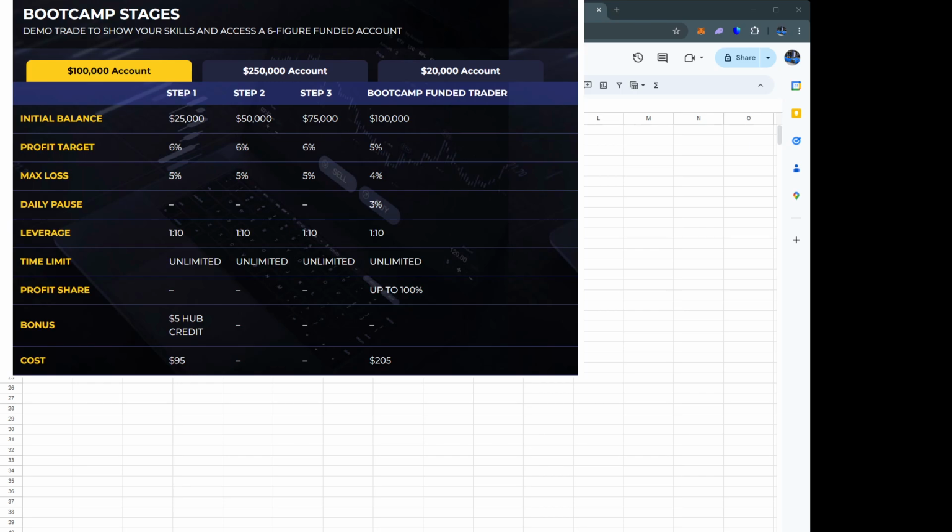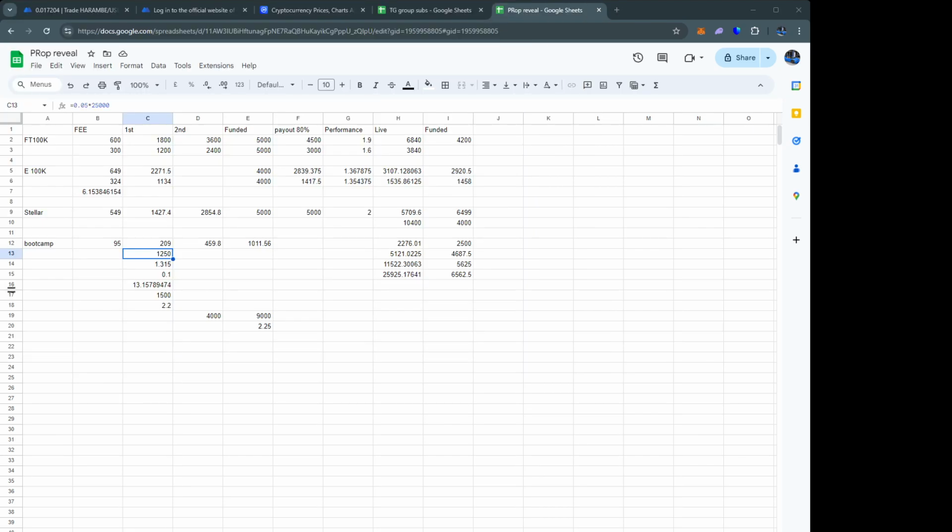This means that you have 5% of 25k, meaning that you have $1,250 as stop loss. And actually this is your capital, because if you lose this amount, the 5%, 1.25k, you lose the account.